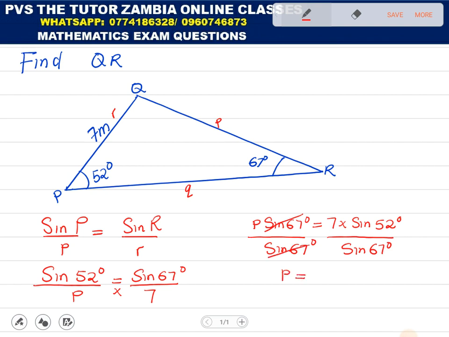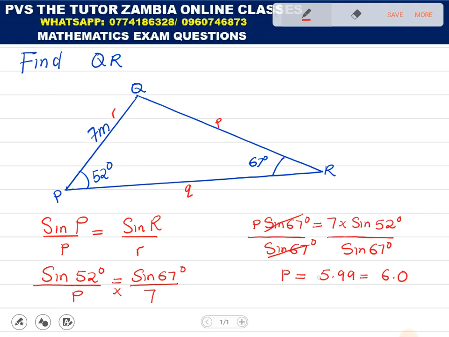So just get your calculator. You can punch sine 52, then times 7, then divide by sine 67. We are going to leave this to one decimal place, like I said. So it's giving me 5.99, but we said we leave it to one decimal place, so this will be 6.0 because we can easily round off.